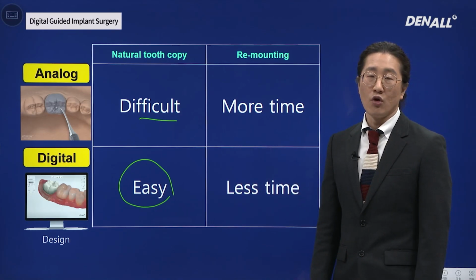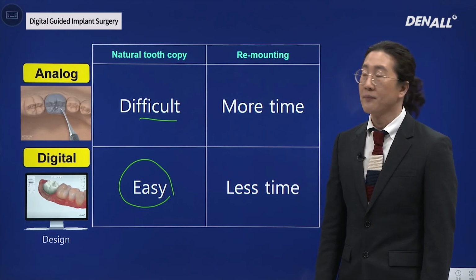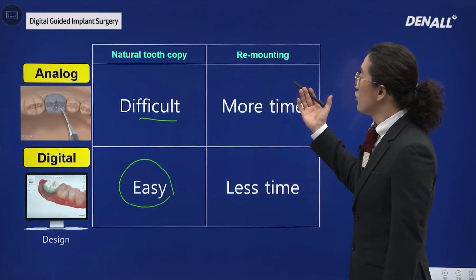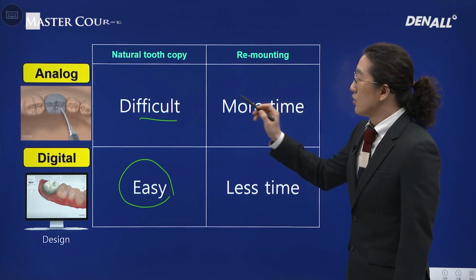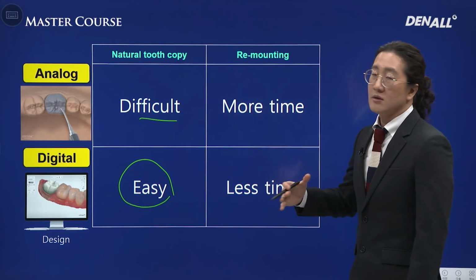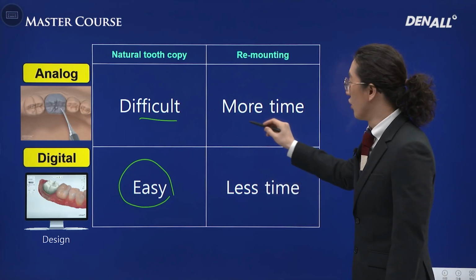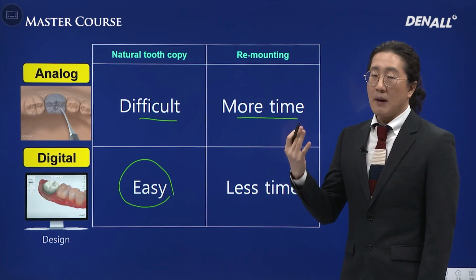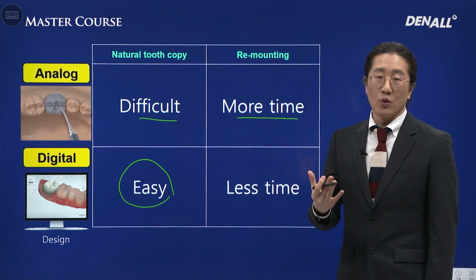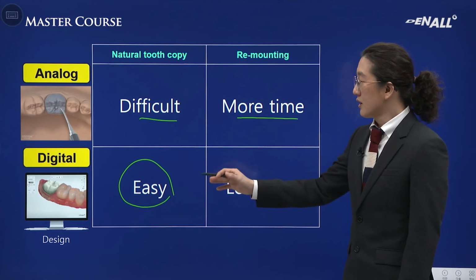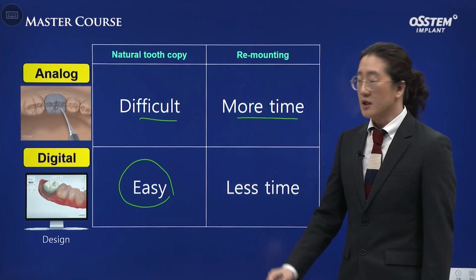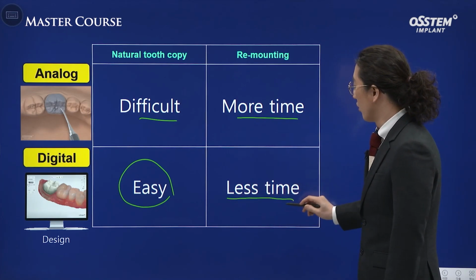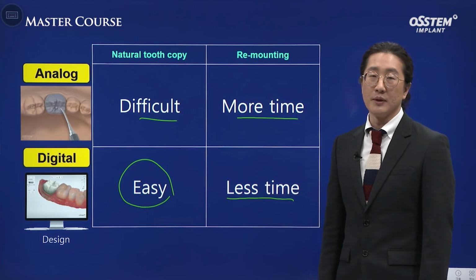Therefore, in terms of copying the natural tooth, it's more convenient. In the case where remounting is required, in the conventional method, the remounting process takes up more time than thought. But in digital dentistry, you can just insert the changed byte data and alter the design on the computer program, so the remounting process is simpler.